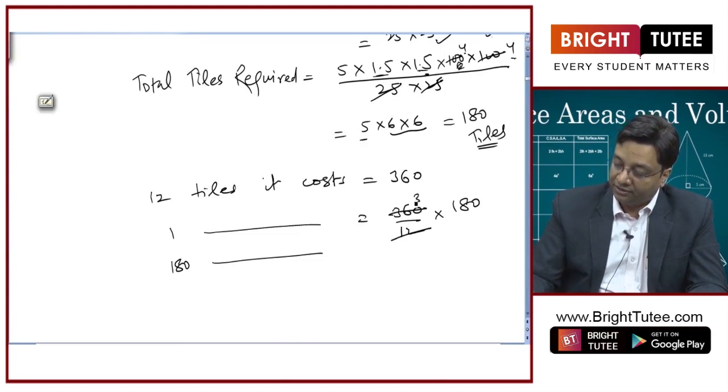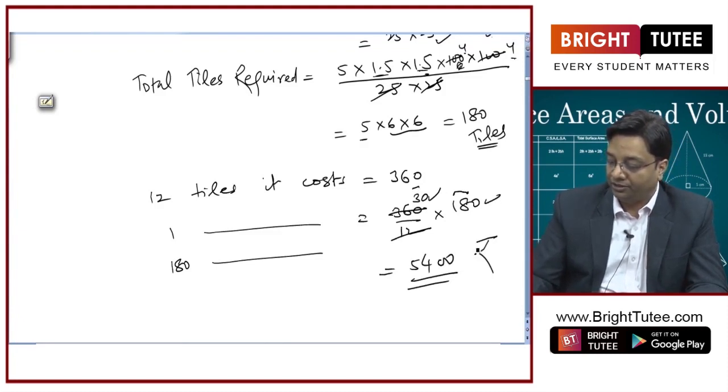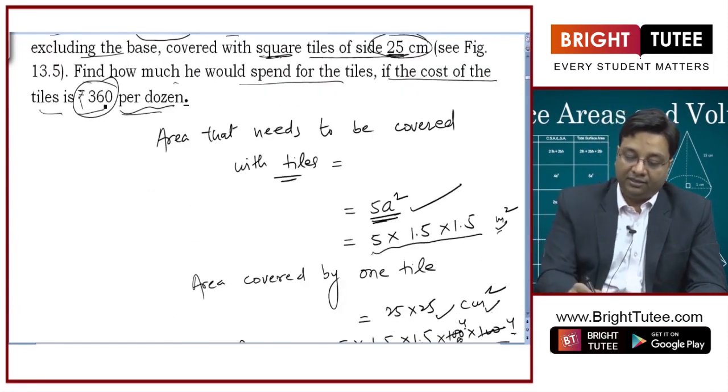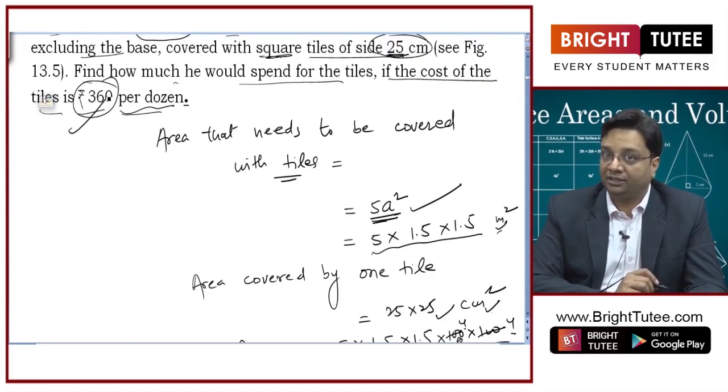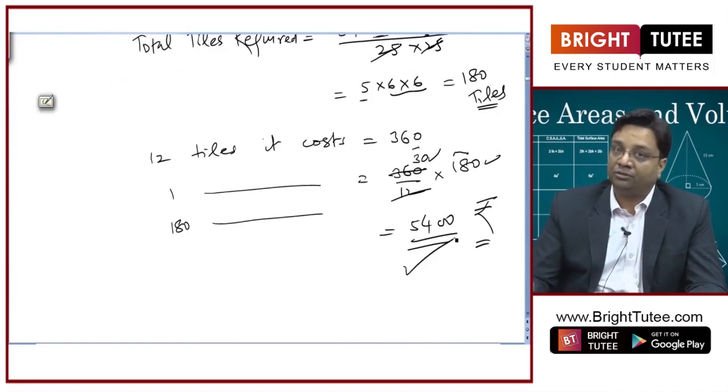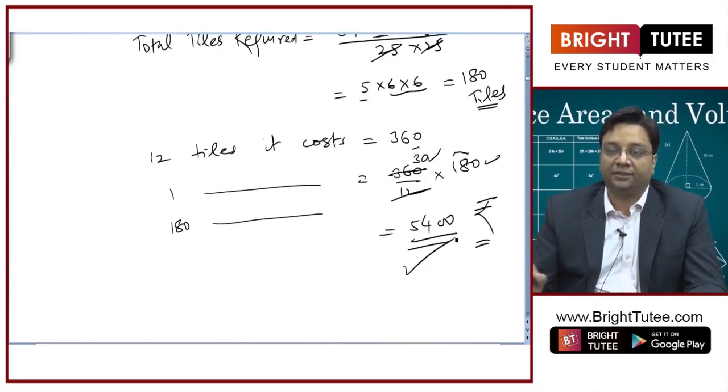So, this is 30. 18 into 3 is 54, and these two zeros will make it 5400 rupees, right. So, for a dozen tiles, it costs us 360 rupees, and for 180 tiles, it will cost us 5400 rupees, and that is your answer, okay.